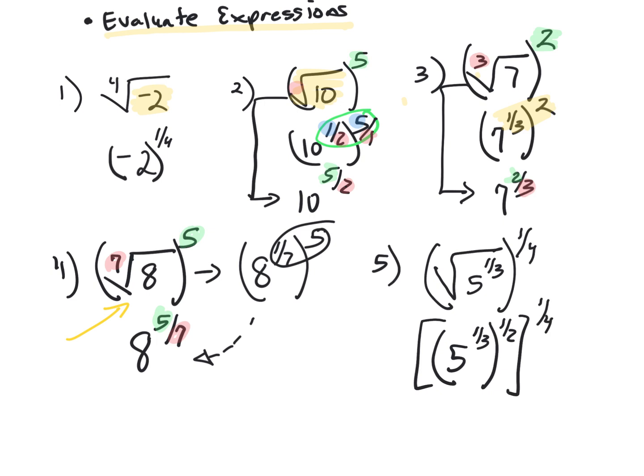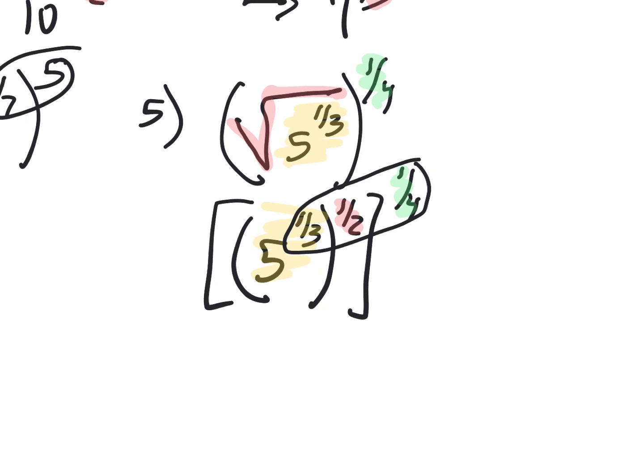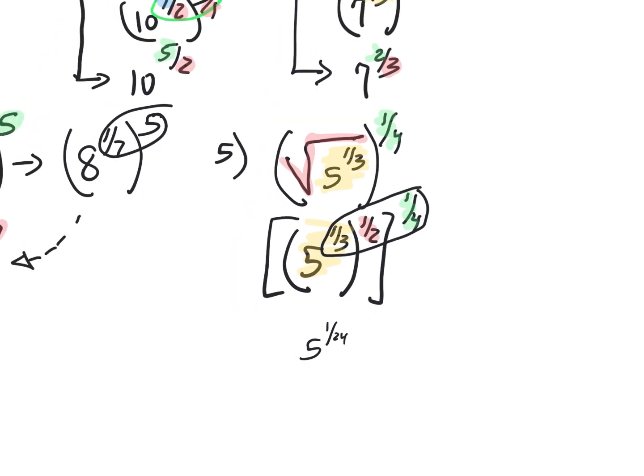So my radicand is 5 to the 1/3, and its square root could be written to the 1/2 power, and then that is all being raised to the 1/4 power. And then I have a power to a power to a power, so I can multiply all of those by multiplying the numerators. So 1 times 1 times 1 is 1, and then 3 times 2 is 6, times 4 is 24, so it's 5 to the 1/24th power.